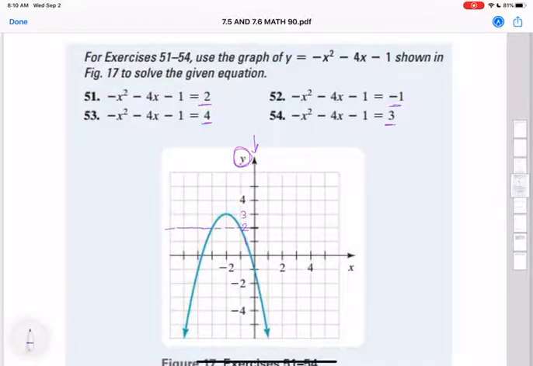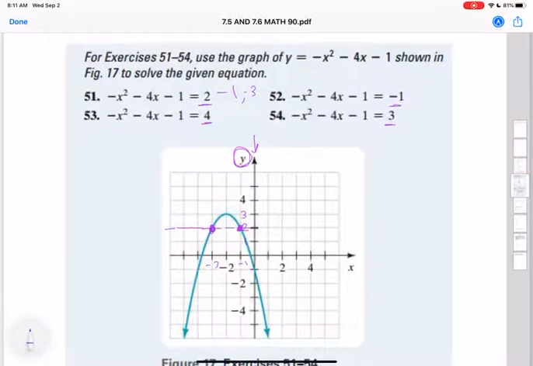This parabola is equal to 2 at two different values. Do you see where it's crossing, where it equals 2? At negative 1, it equals 2, and again at negative 3.